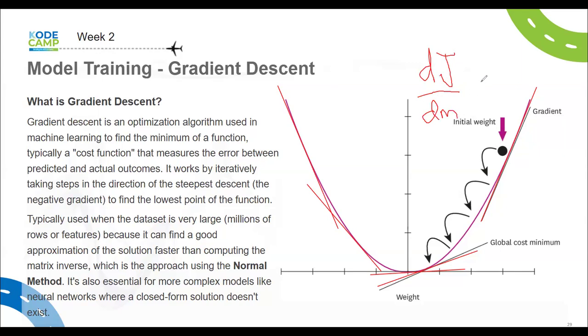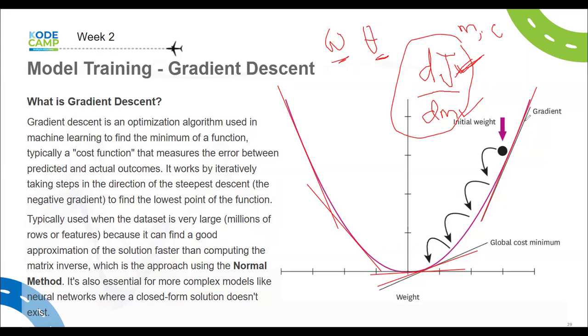But when we generalize, we use omega or w or theta to represent all parameters, whether it is m, that is the slope, or c, that is the intercept. Whenever you see w or theta, it's just a generic symbol for the parameter. So dJ/dm or dJ/dw or dJ/dtheta is how much the cost function J changes when I change this weight. That is the gradient, and that's the value you are seeing here.